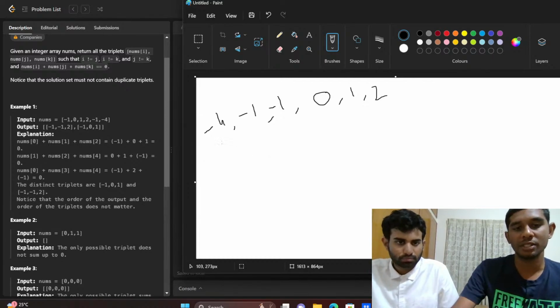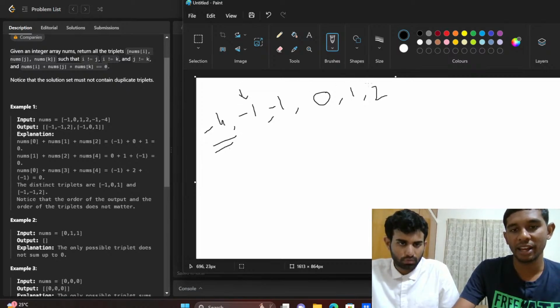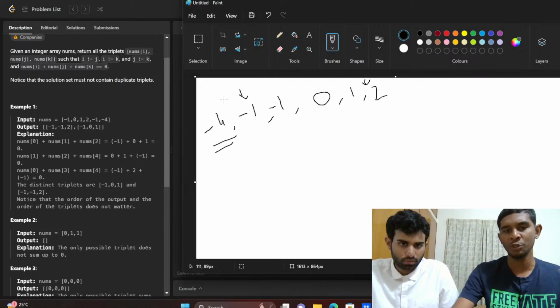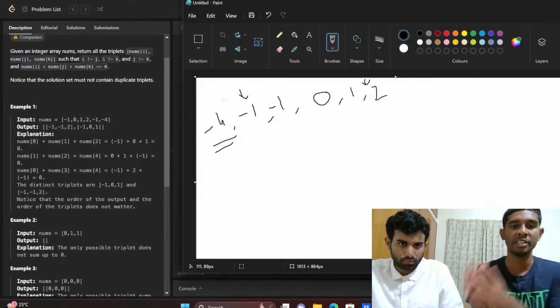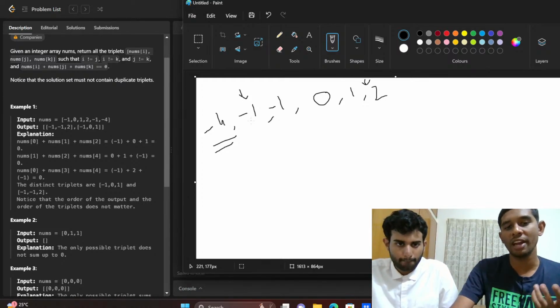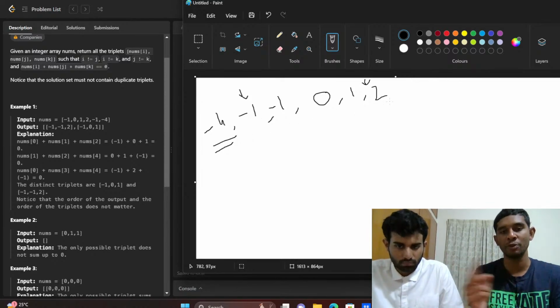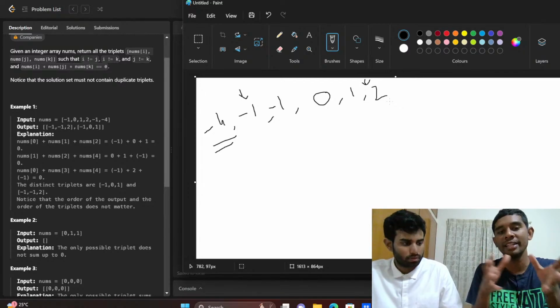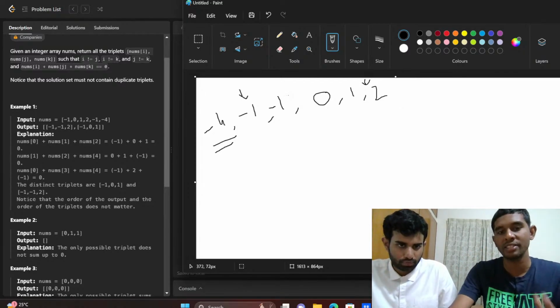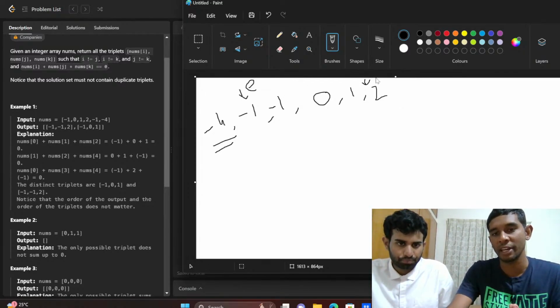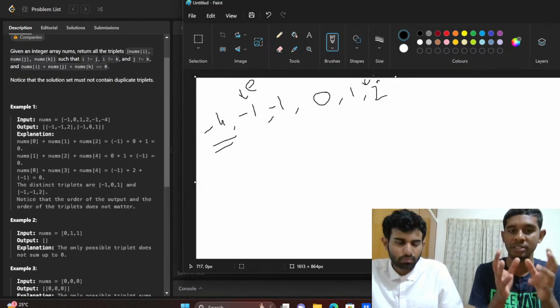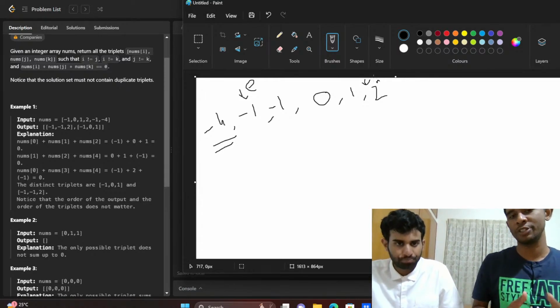First, I visit the first element, and then I put my two pointers here, L and R. L is my left pointer and R is my right pointer. Now all I have to do is find out, using these two pointers and shifting them around the array, if I get the triplet of minus 4, something that the left pointer points to, and something that the right pointer points to, and that becomes 0, then that is one solution to the problem.